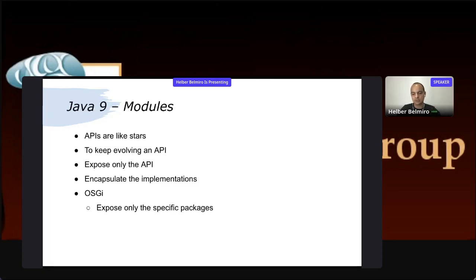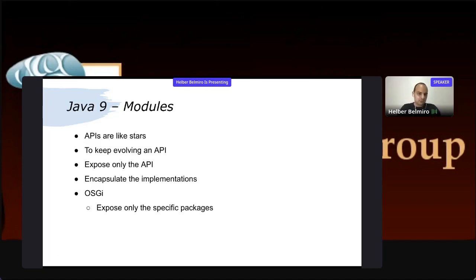We cannot remove methods. We cannot rename methods. There's a book called The API Paradox where the author says that APIs are like stars, because once they are there, they will not disappear, or they will be there for a very, very long time.